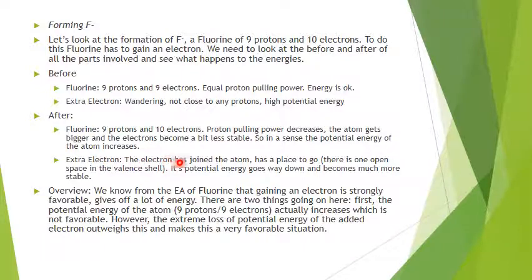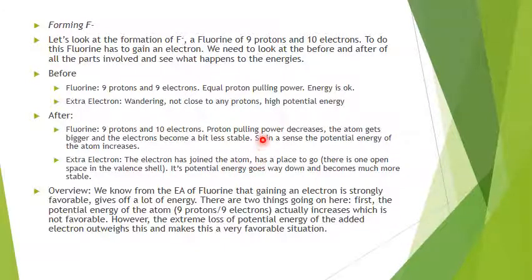Okay, that extra electron, when it joins the atom, it has a place to go, I said. And when it joins the atom, it gets really close to a proton. And when it gets really close to a proton, its potential energy goes way, way down, and it becomes very, very, very stable. So you have 2 things going on here. First, the original atom gets a little bit unhappy, destabilizes, but the electron becomes very, very stable.